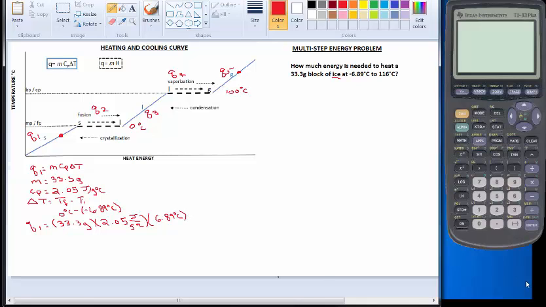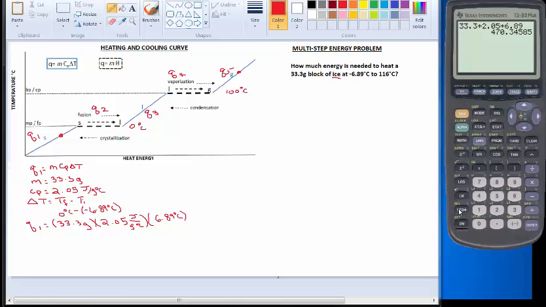If we plug this information into our calculator, we will say 33.3 times 2.05 times 6.89, and we get the number 470.34585. This is a number that we will want to use again.